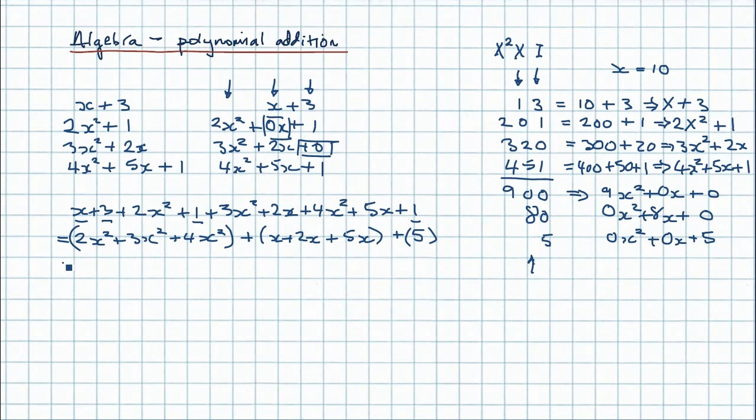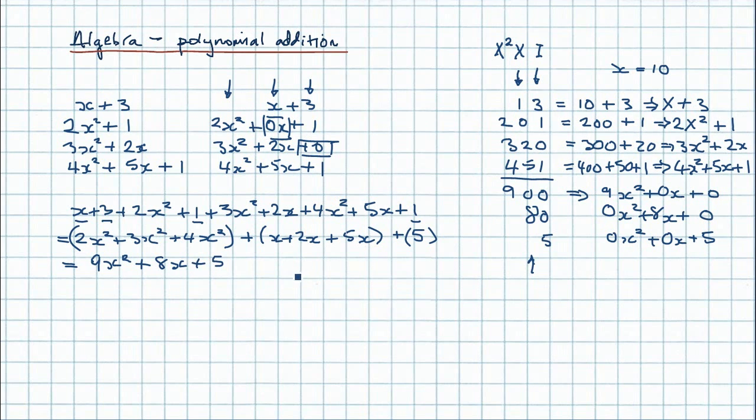So now I can simply add these together, and I've got, well, 6x squared plus 3x squared, that's going to give me 9x squared. So 9x squared, plus 1, so this is 1x, plus 2x, that's 3x, plus 5x gives me 8x, and plus my 5.